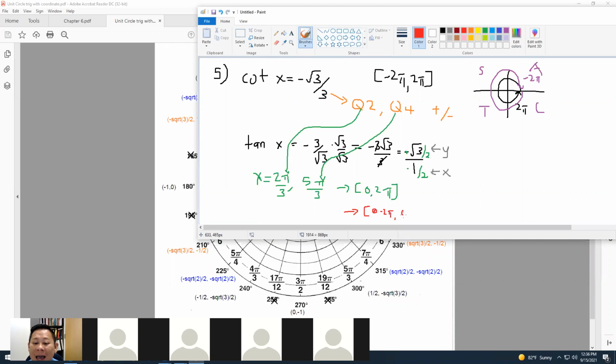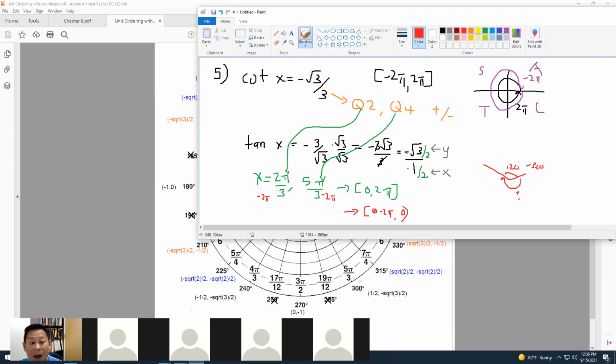You just subtract 2 pi. Remember, when you have, let's say, 120 here, and you want to find the other one, we just subtract 360, right? To find the negative one. Because it's in radians, in order for us to find the negative one, we just subtract 2 pi for each case.